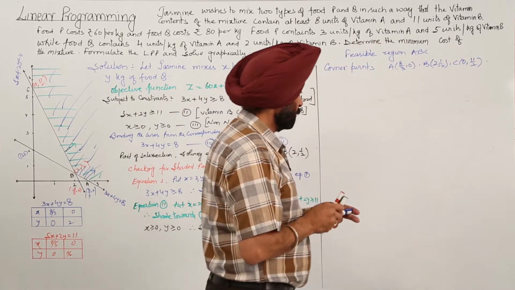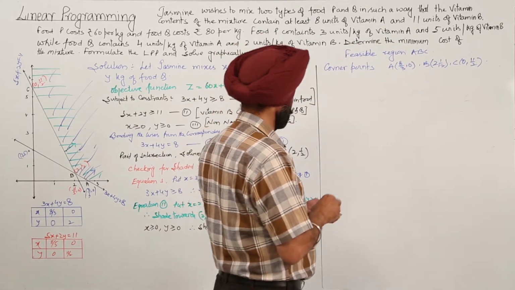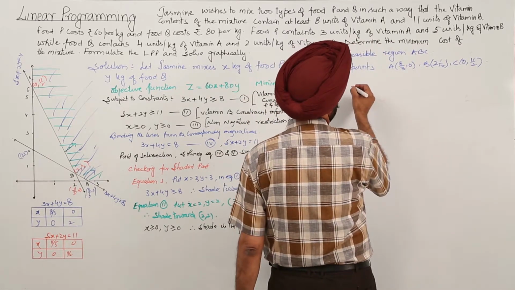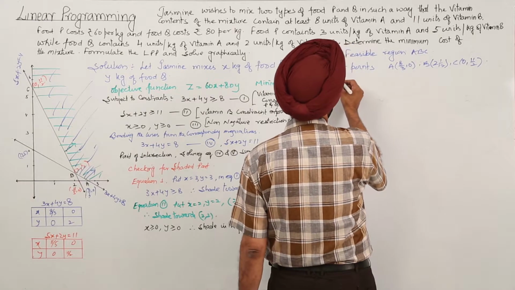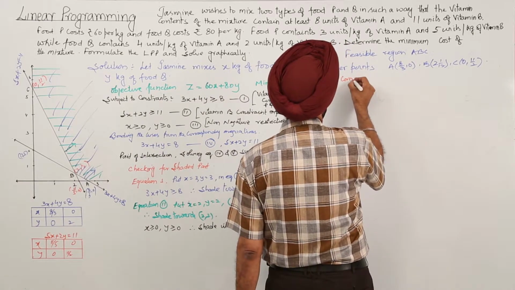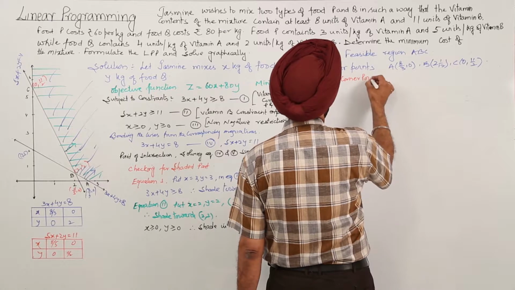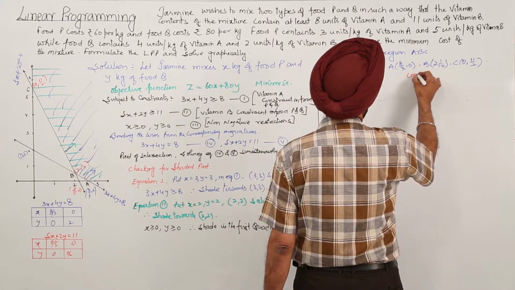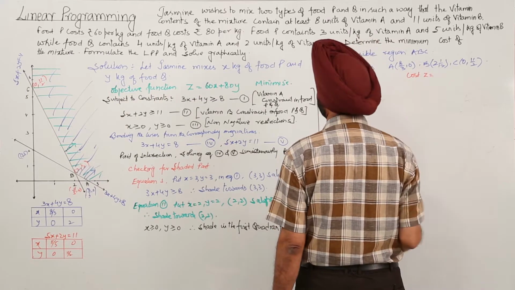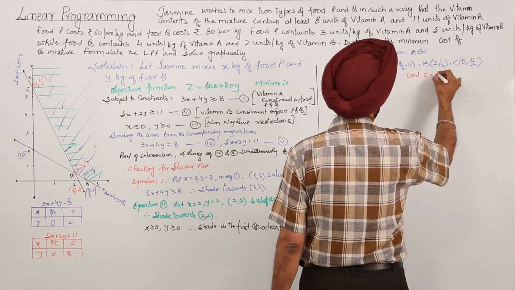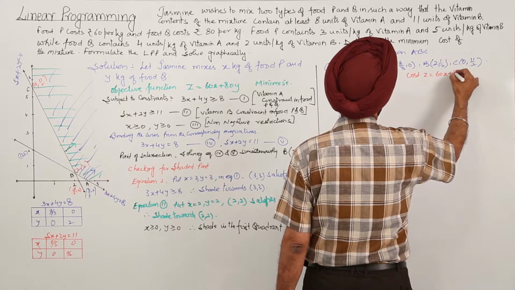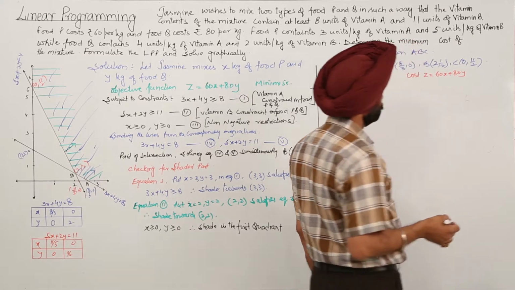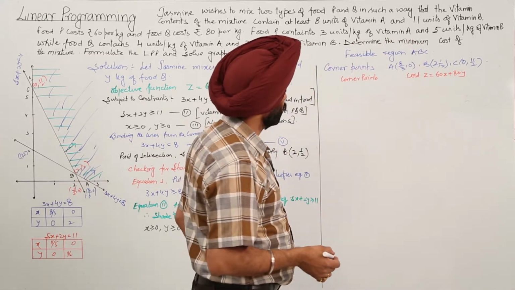Now at the corner points, cost Z is equal to 60x plus 80y, that is the objective function.